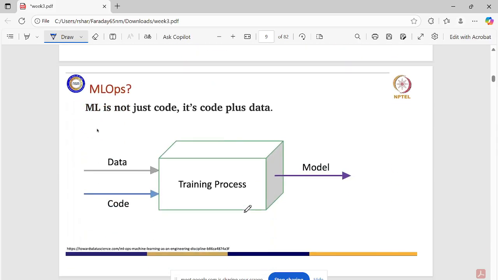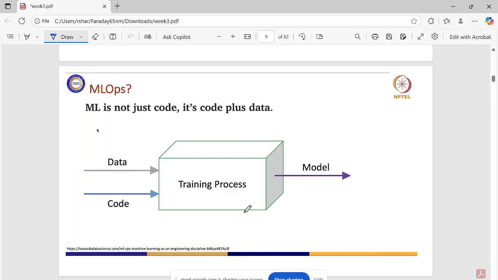So next is MLOps, the next version of DevOps, when actually the machine learning deployment, and then we will see the deep learning deployment. So we call it MLOps. When we say MLOps, it is like actually DevOps, because we are trying to develop our software or deploy the project at the same time.